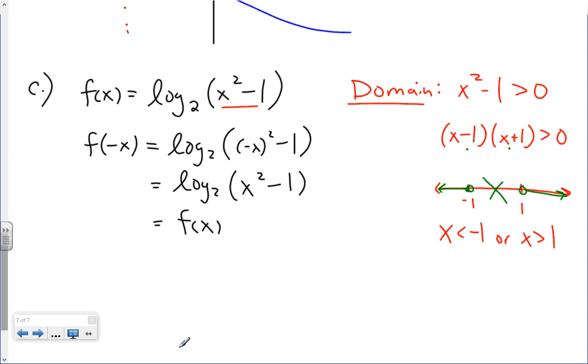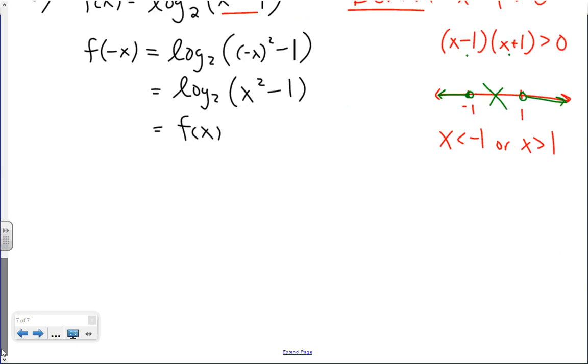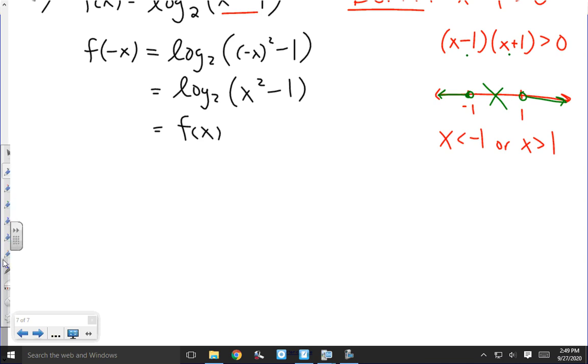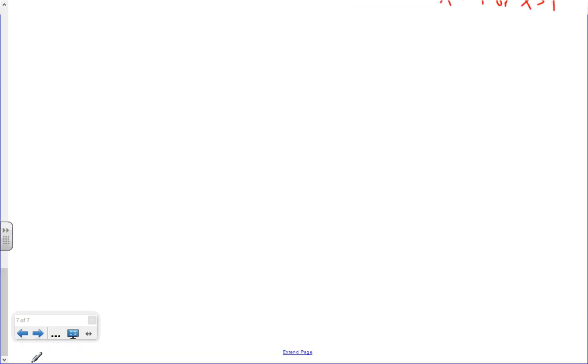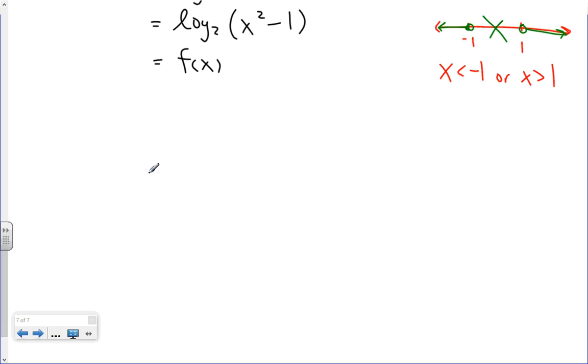So with that information, I should be able to sketch what this thing is going to look like here. Again, you can find your x-intercepts and things like that too to help you with this sketch, but I think we have enough information here. If the domain is x less than negative 1 and x greater than positive 1, here's negative 1, here's positive 1.